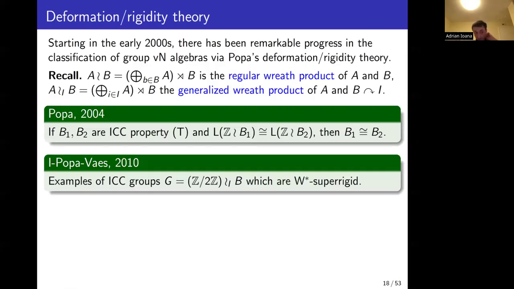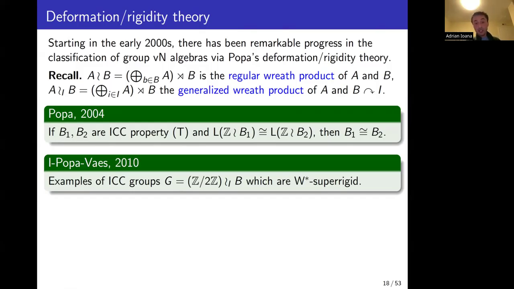And Popa proved in 2004 that if B1 and B2 are ICC property T groups, and the wreath products of Z with B1 and of Z with B2 have isomorphic von Neumann algebras, then B1 is necessarily isomorphic to B2. So this can be viewed as somewhat of a relative version of Connes' rigidity conjecture.